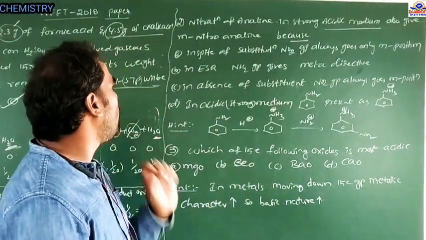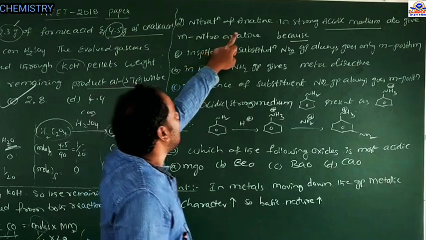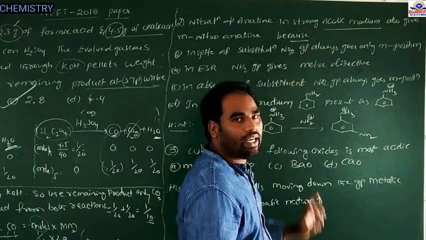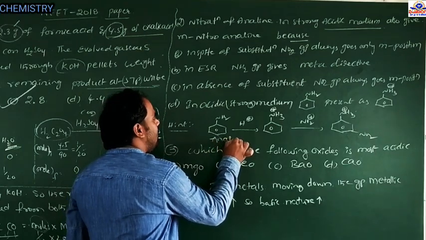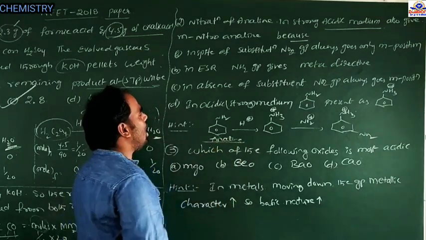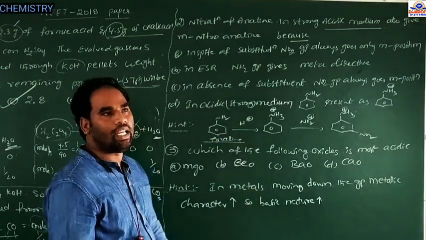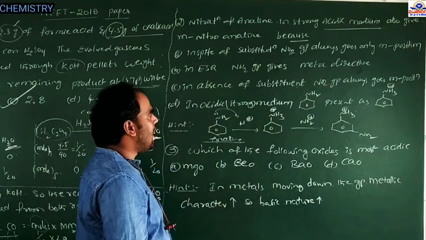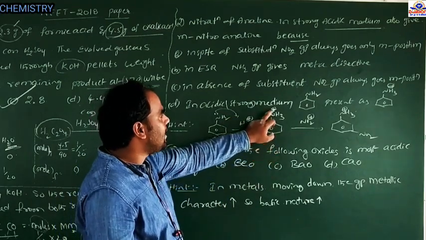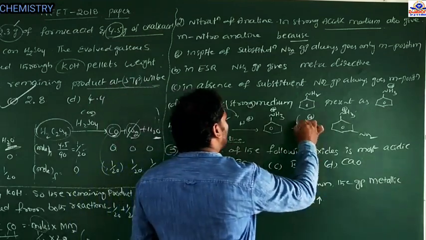Okay, see here, this is a hint. Aniline in strong acidic media. This is NH2 on a benzene ring, called aniline. In strong acidic media with H plus, aniline is converted into anilinium ion, because the lone pair of electrons is donated to the H plus. That anilinium ion undergoes nitration.